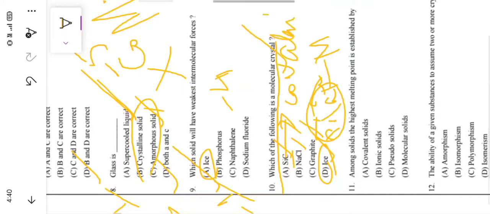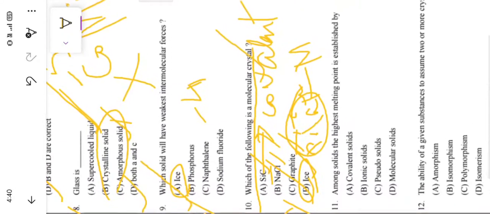Okay, I'm going to refer to my NCERT. In molecular solids: non-polar, polar, hydrogen bonded. Ice is hydrogen bonded, so it is a molecular solid. SiC is covalent. Graphite and SiC are also covalent. So the answer is ice. Again minus 1.